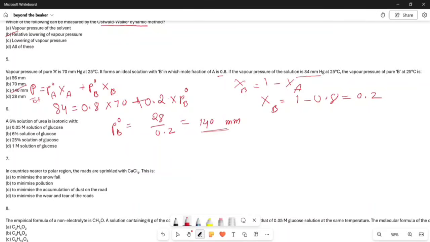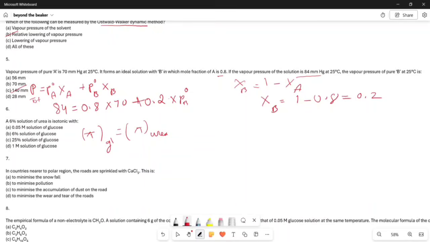We know that the solution of urea is isotonic with the solution of glucose, therefore the osmotic pressure of glucose is the same as the osmotic pressure of urea. What is an isotonic solution? If the osmotic pressures of two solutions are the same, they are said to be isotonic.